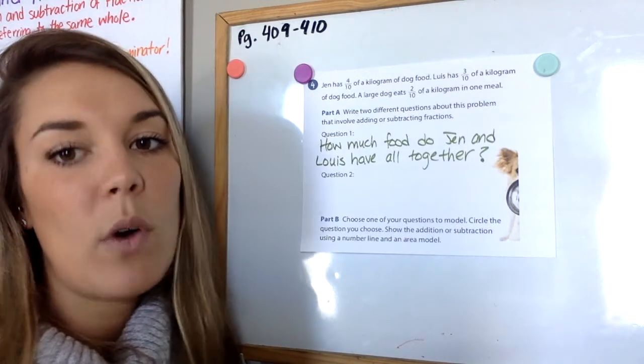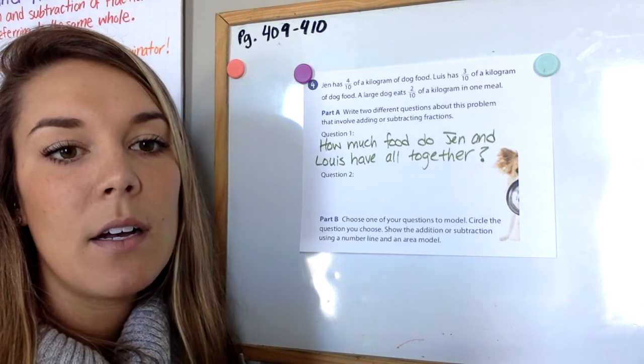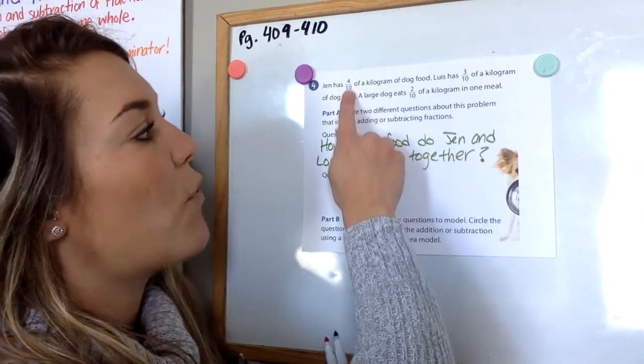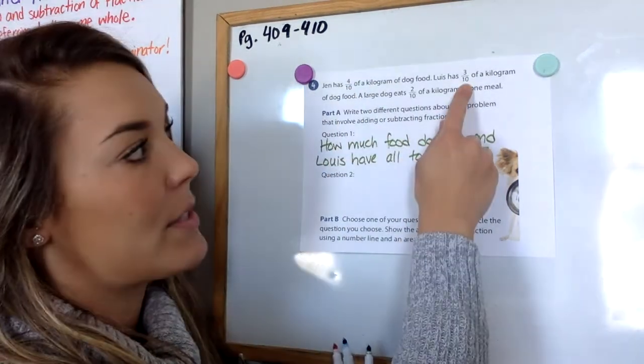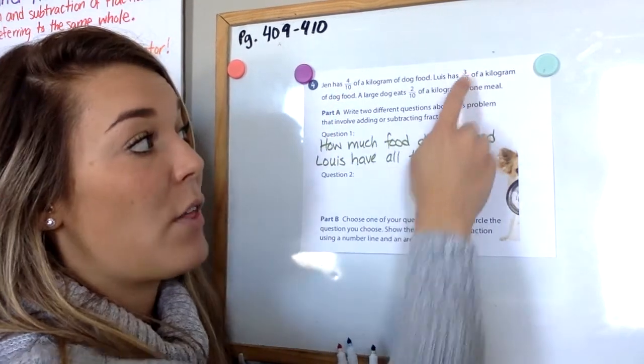Now, another question I could say from this problem, I could maybe ask about who has more. So if I look, Jen has 4/10 and Lewis has 3/10. I know Jen has more, right? Because 4 is bigger than 3.